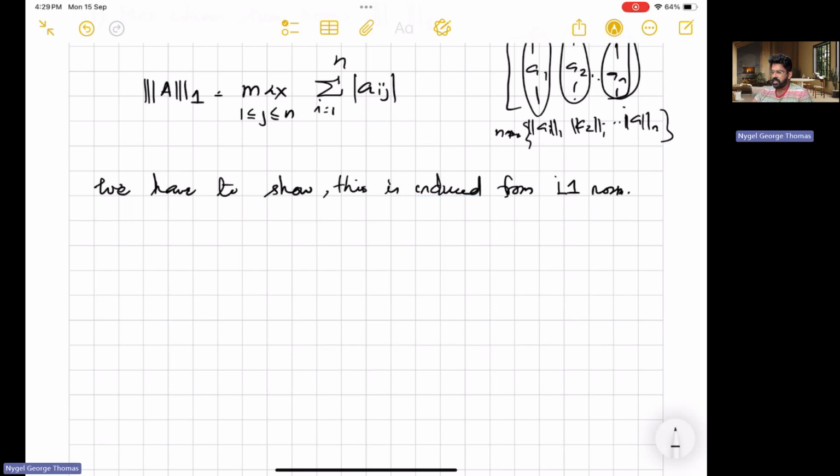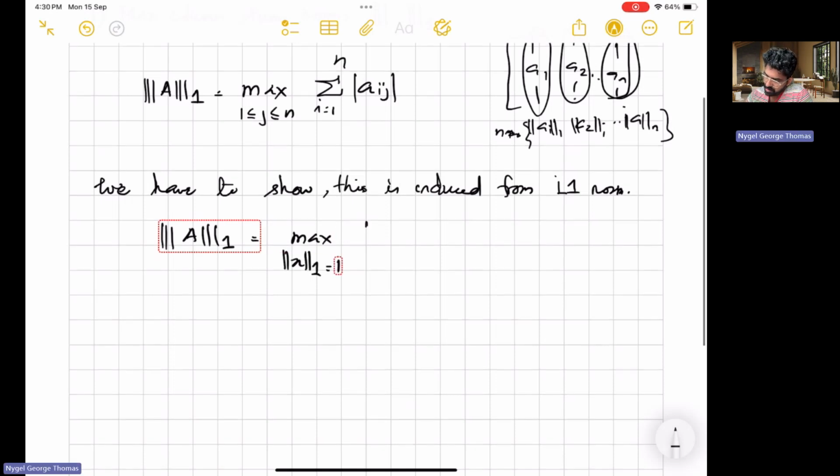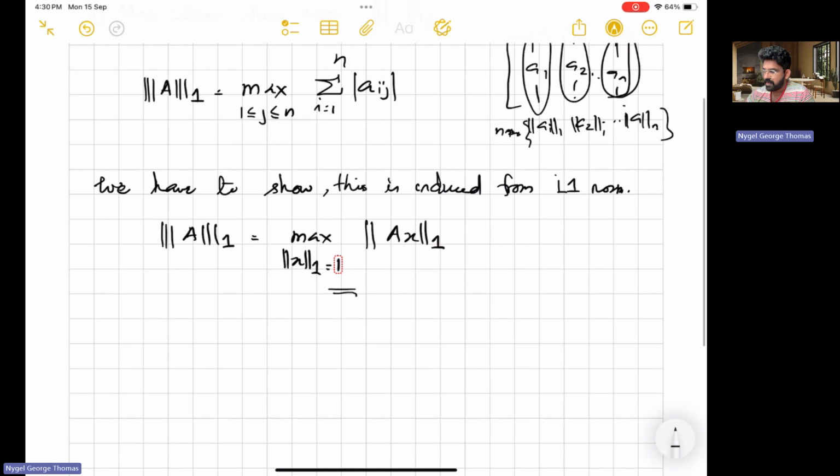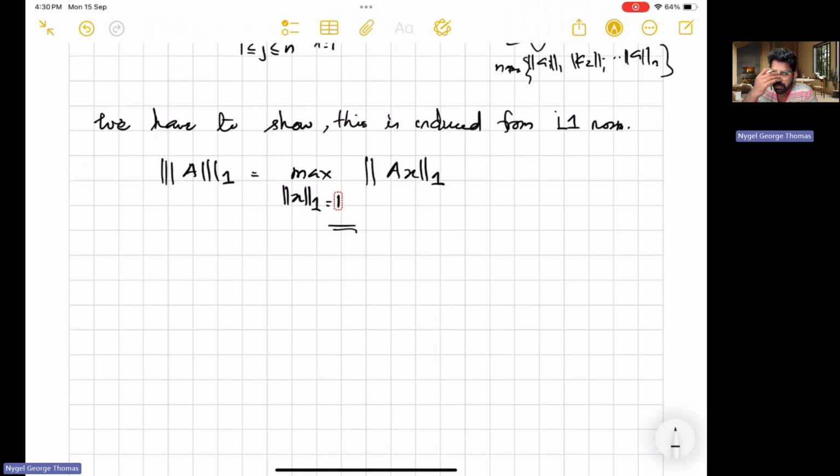To show that, we should prove that the maximum column sum norm of A is equal to the max over norm x equal to 1 of the L1 norm of Ax. So we have to prove this. Okay, let's see how we can prove this.